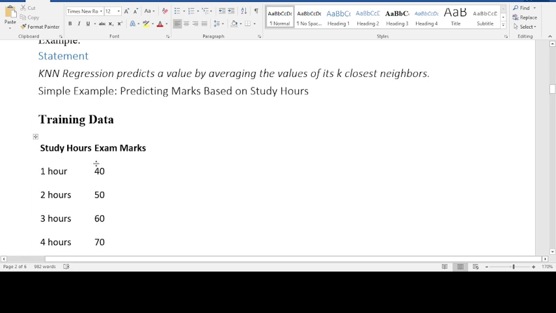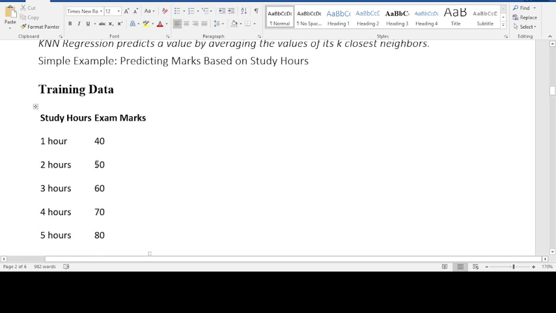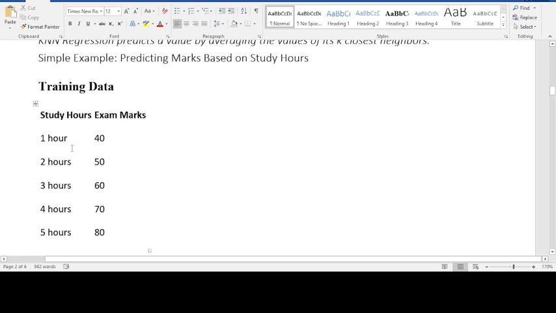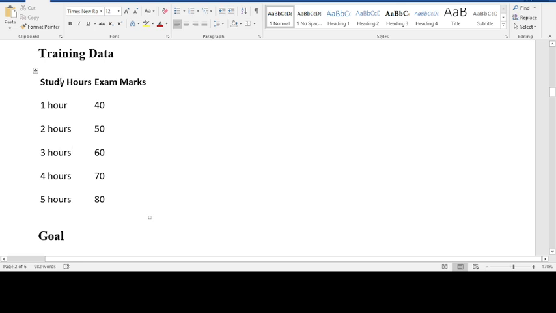For example, I am having a data. This is the training data. I have two columns: one is the study hours, the second one is the exam marks. It means if a student studies 1 hour, he or she is going to get 40 marks. If a student studies 2 hours, he is going to get 50 marks.